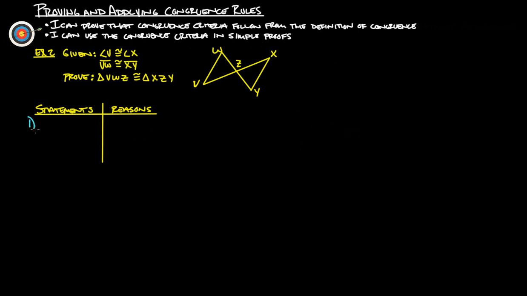So, first thing, given, we know that angle V is congruent to angle X. Okay? So, V, this here, is congruent to angle X there. Why do we know that? Given. We also know that VW is congruent to XY.